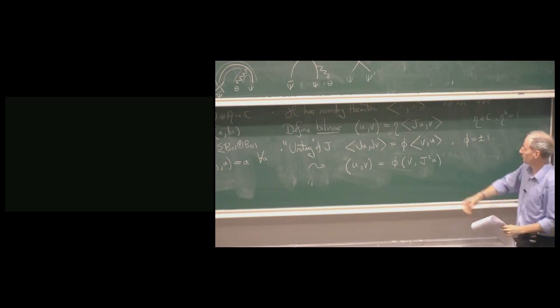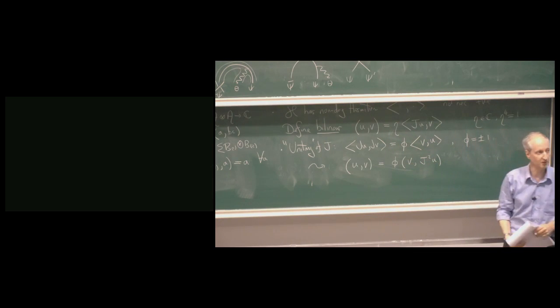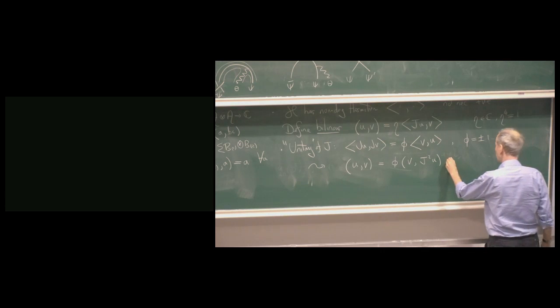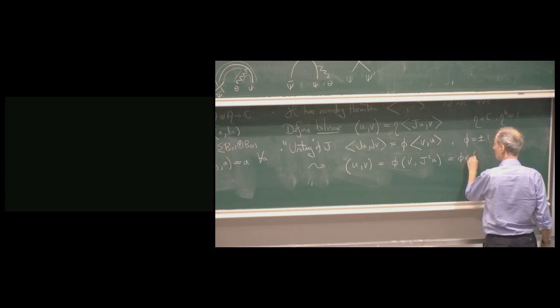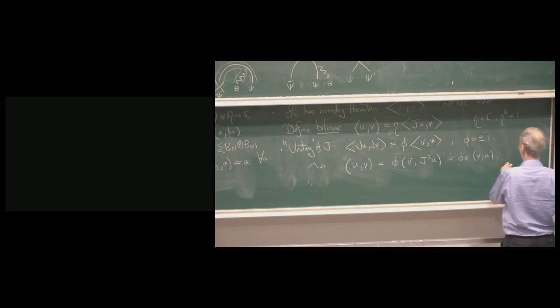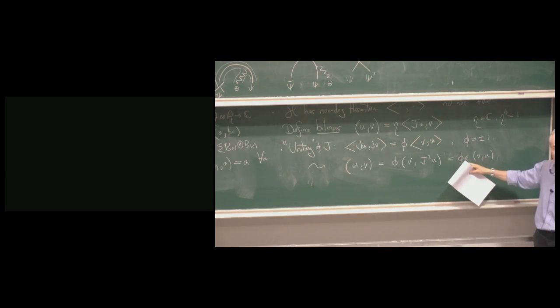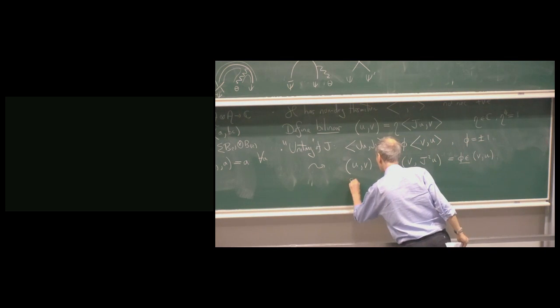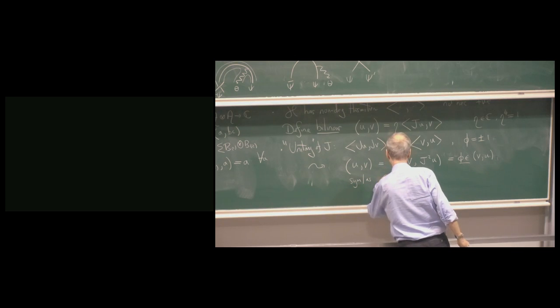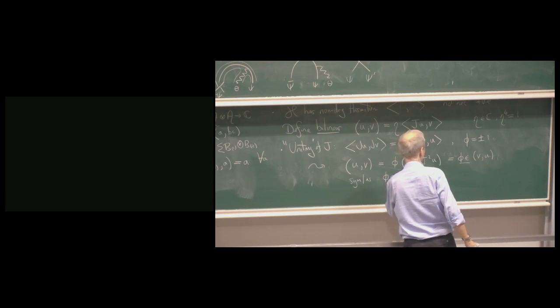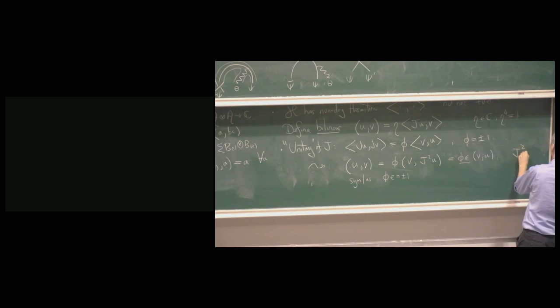That's what you get if you substitute in this definition; you can check for yourself. Of course J squared is plus or minus 1, so you can also rewrite this as phi epsilon vu, and this thing here is plus or minus 1. The sign of this product tells you whether this bilinear form is symmetric or antisymmetric: symmetric or antisymmetric as phi epsilon is plus or minus 1. Just a reminder, J squared is epsilon.